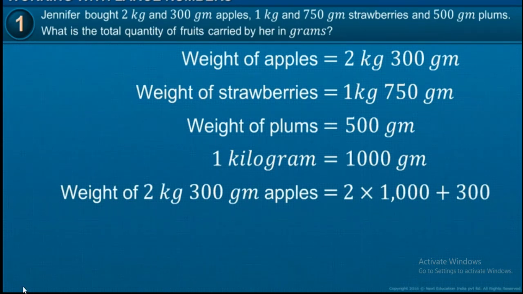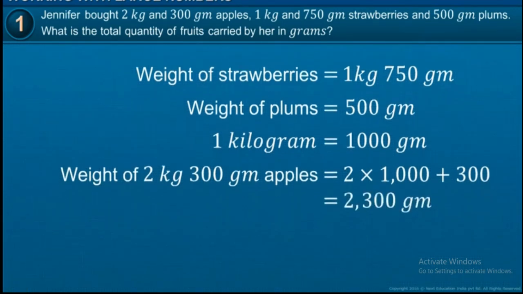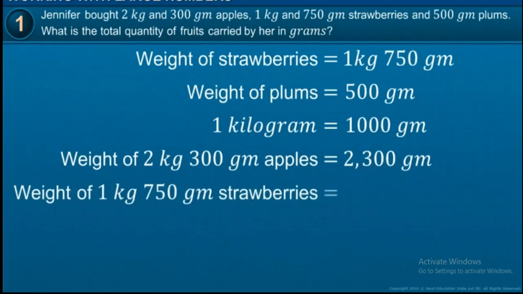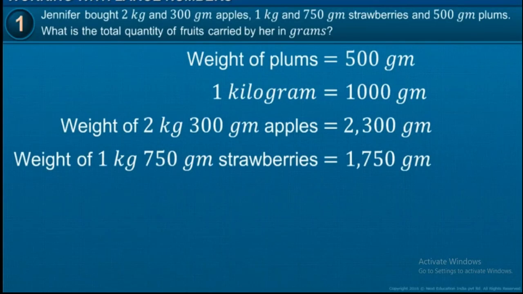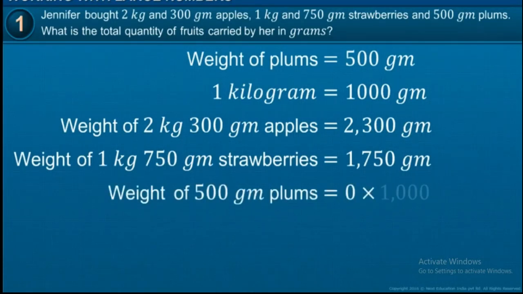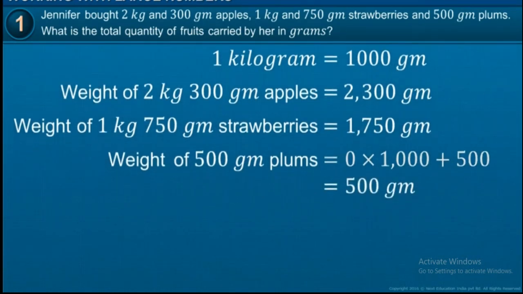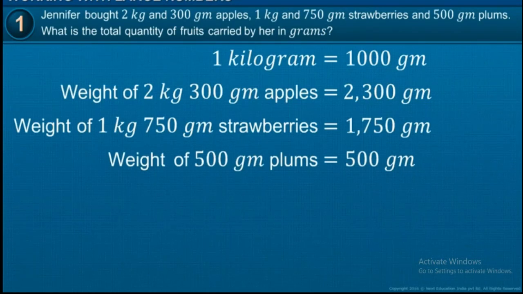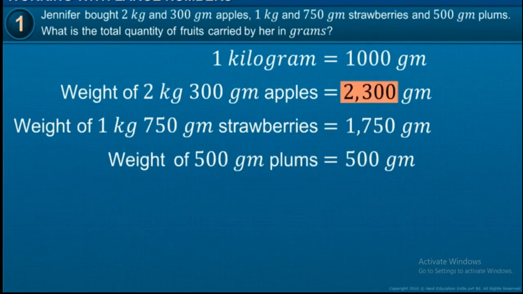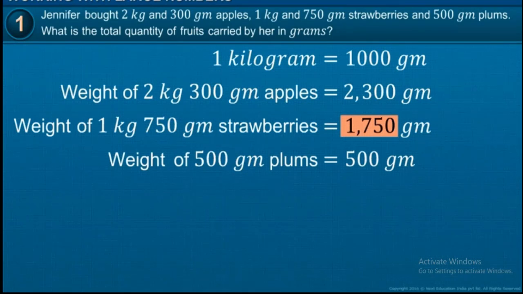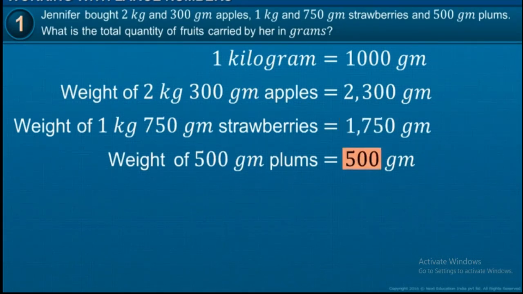On simplification, we find that the quantity of apples, strawberries, and plums is 2300 grams, 1750 grams, and 500 grams respectively.